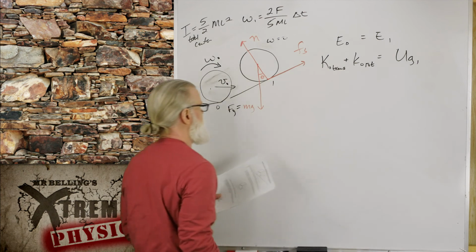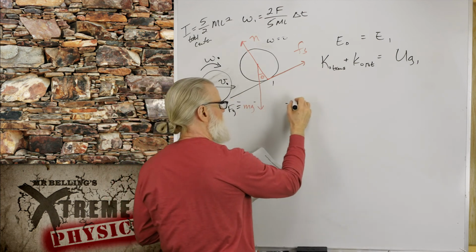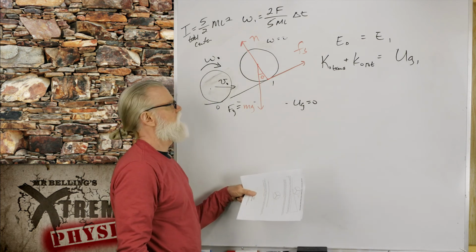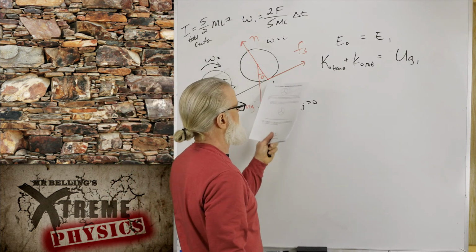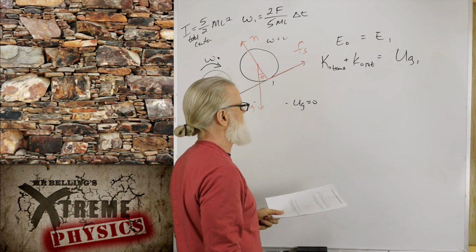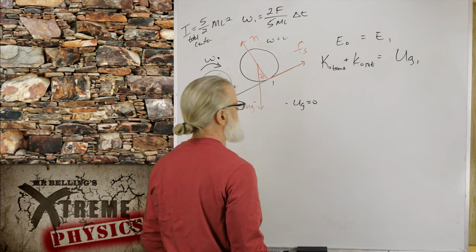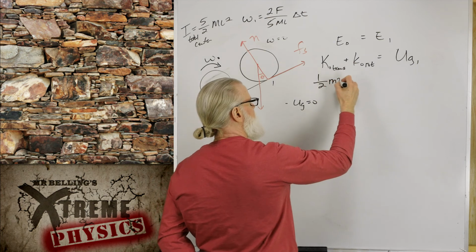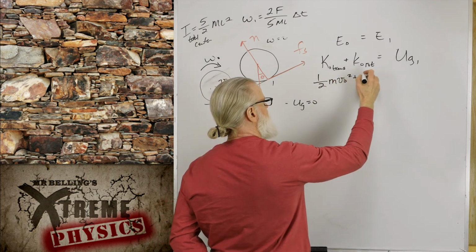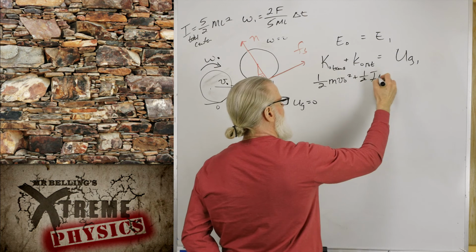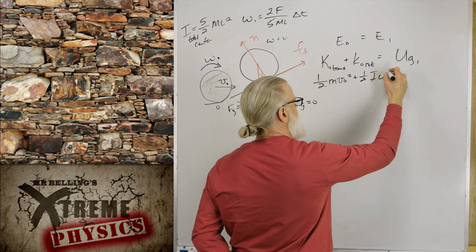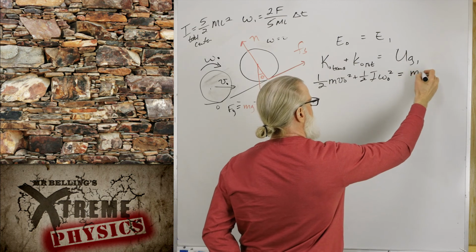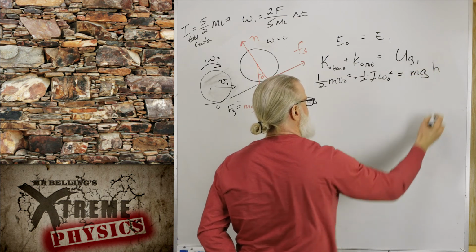So I got to define 0. I'm going to call this 0 gravitational potential energy at the bottom of the ramp. So when it gets to the top of the ramp, it's not moving. At its maximum height, it's only going to have gravitational potential energy. So here we go. We got 1/2 m v0 squared plus 1/2 I omega 0 squared equals mg, I'll call that h.